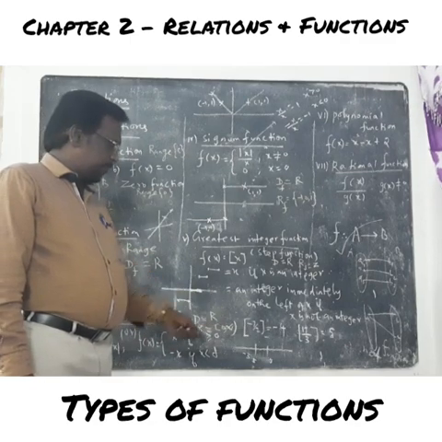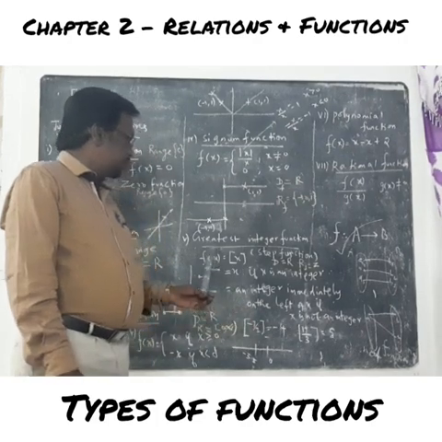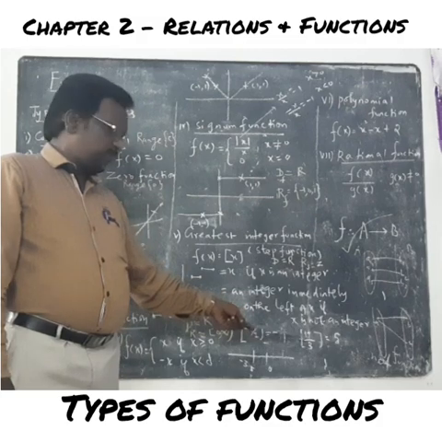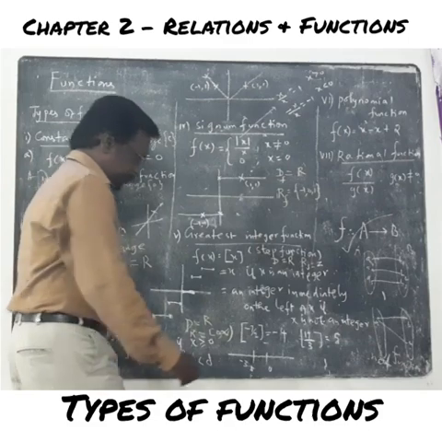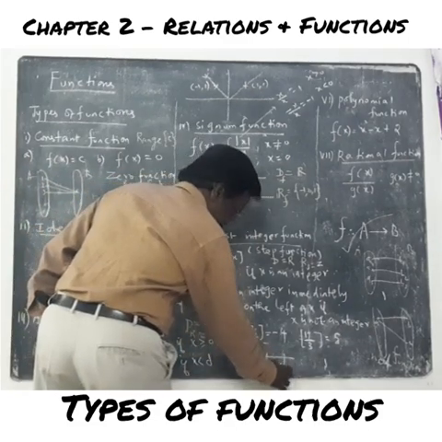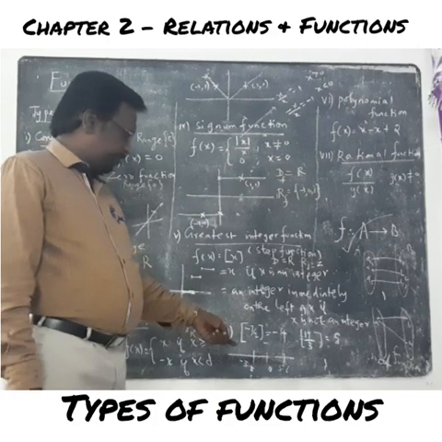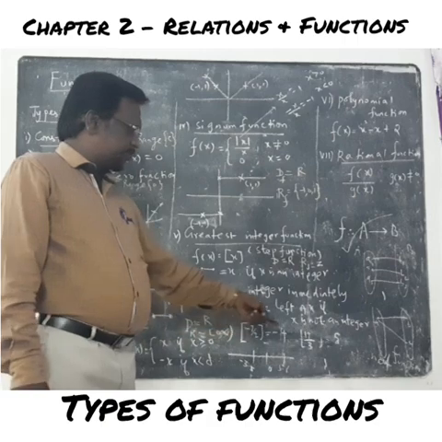Similarly, suppose 17 by 3. What is the image for 17 by 3 under the greatest integer function? 17 by 3 is nothing but 5.6. The integer immediately on the left of 5.6 is 5.